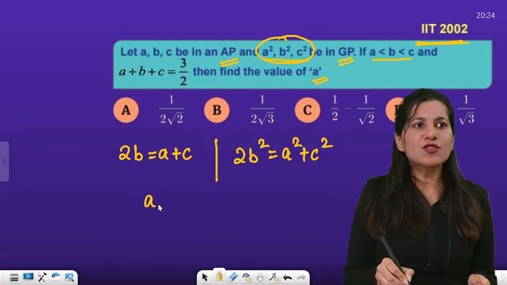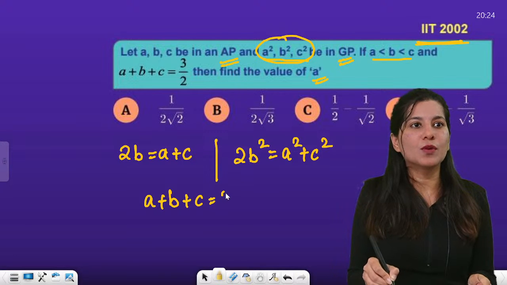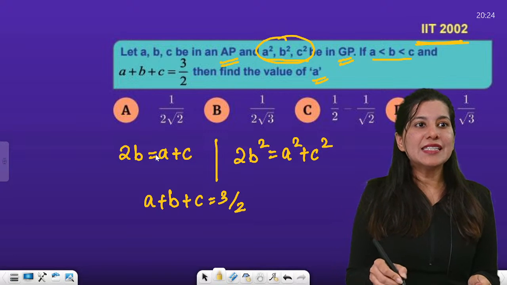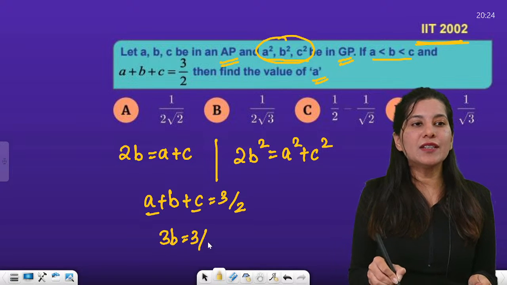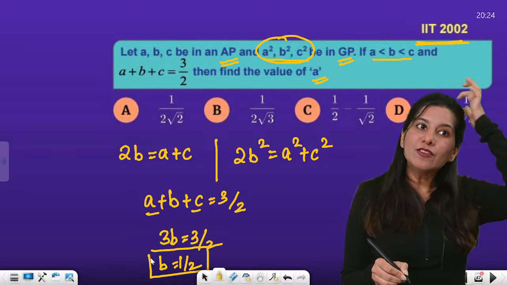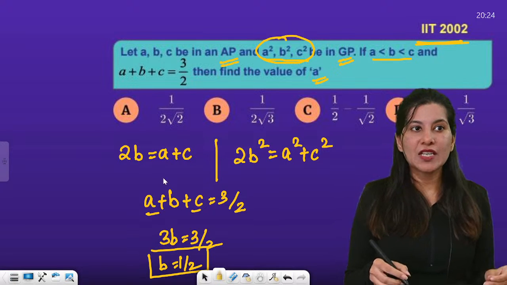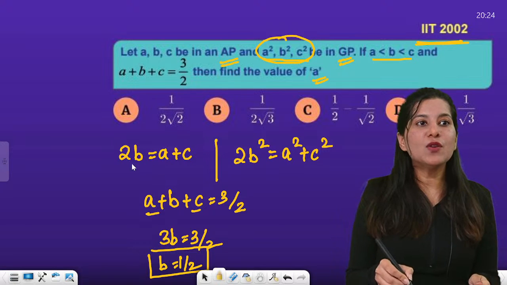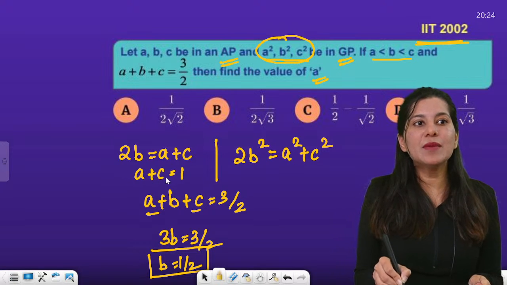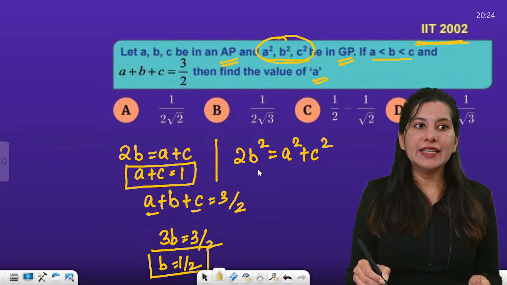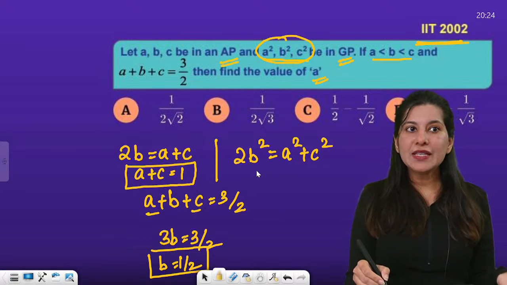So we have got actually 3 equations and 3 unknowns. A plus C can be replaced by 2B. So 3B is equal to 3 by 2. B will be half. The value of B is half actually. So the moment I put the value of B over here, A plus C will come as 1. So B is half, A plus C is 1.